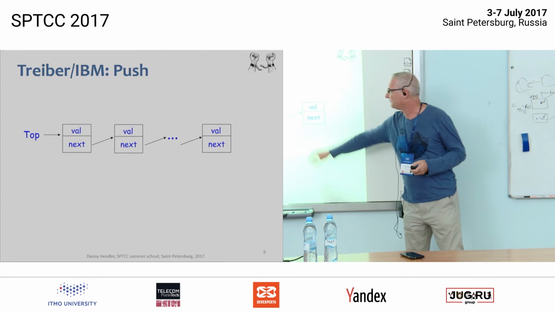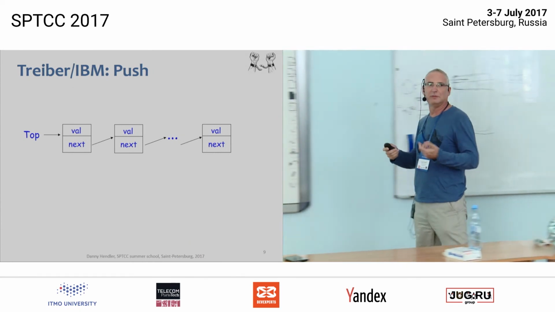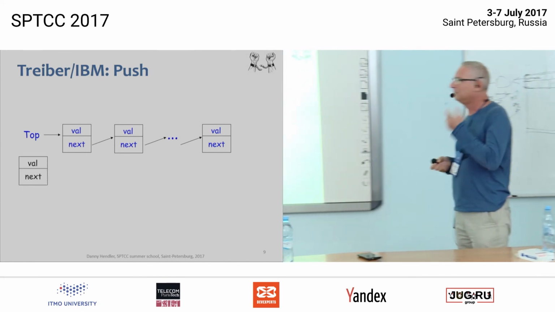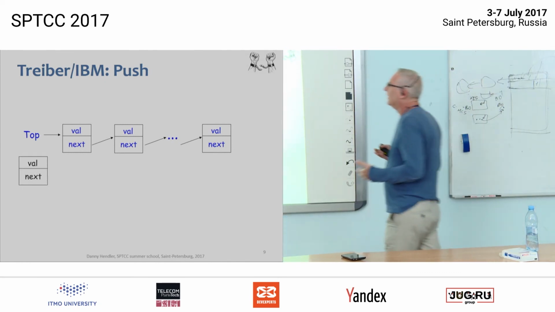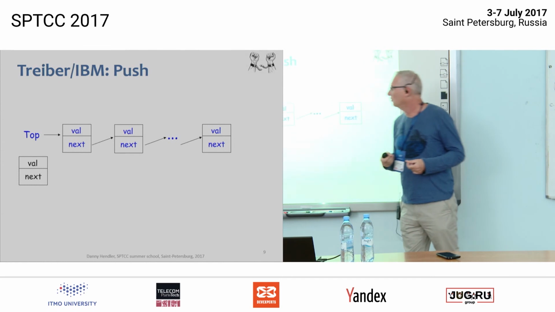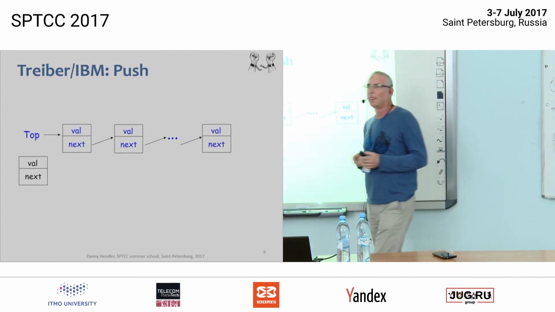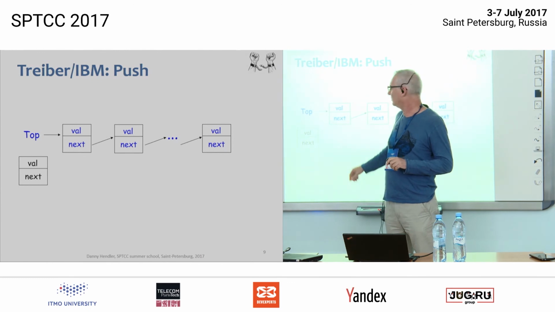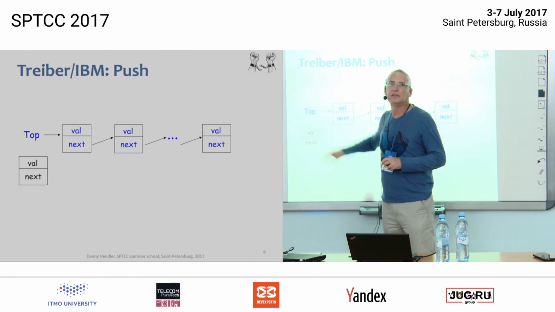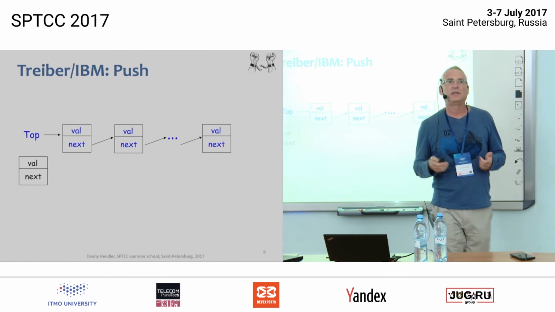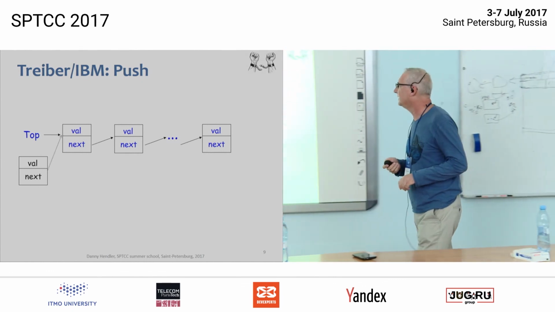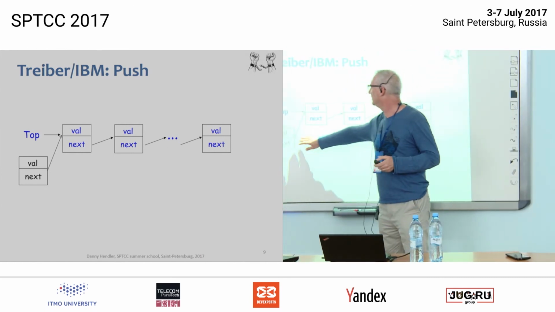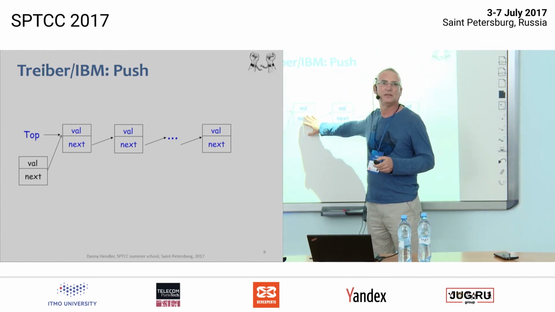So this is CAS. How would the push operation proceed on this simple stack? In order to push a new item to the stack, we first create a new node, storing the value that we want to add to the stack. We point this new node to the current top element.